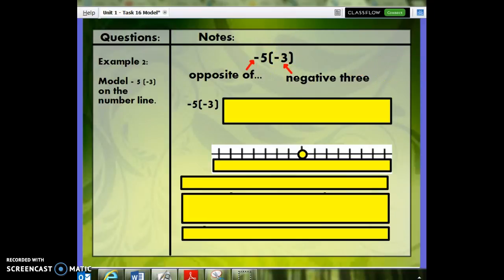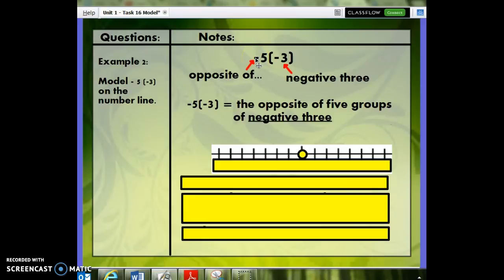In other words, we're going to change the direction we travel on the number line. Instead of going to the left, even though we have negatives, we're going to go to the right, in the opposite direction. So what we're saying here is that it is the opposite of 5 groups of negative 3. Again, each group has negative 3 in it, so we're going to set our number line up by 3s.